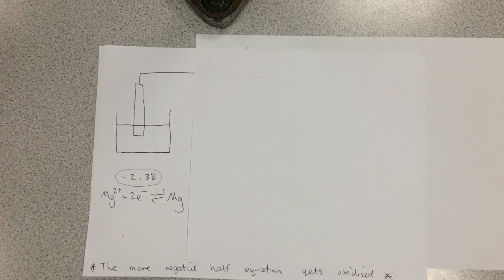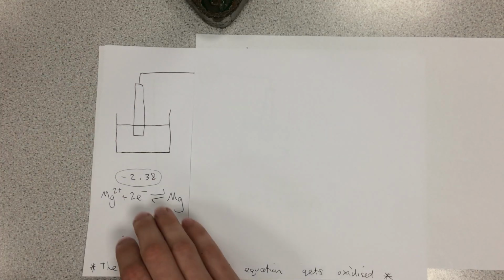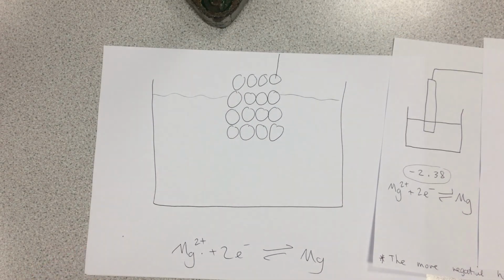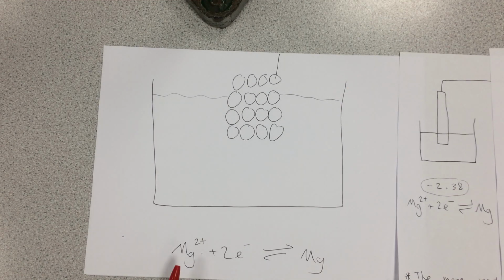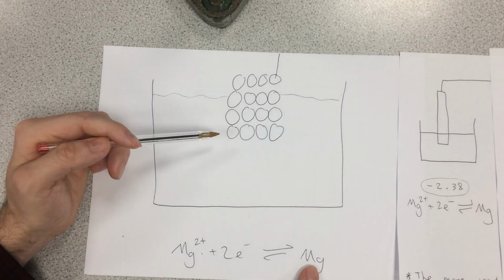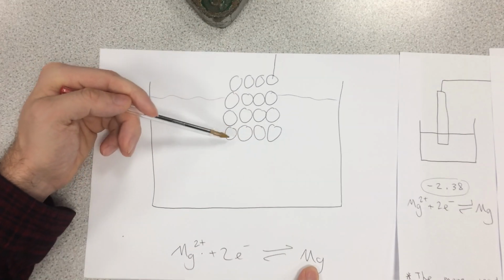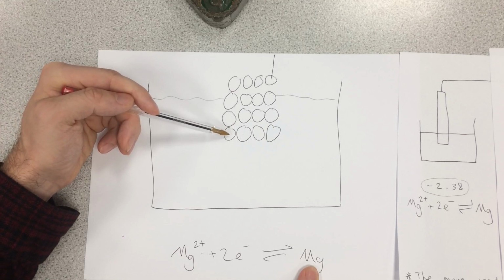Okay, so let's just zoom into this electrode using my amazing picture here. If we just have a half cell on its own, we have a dynamic equilibrium. My magnesium atoms, these are my magnesium atoms here, can lose 2 electrons.